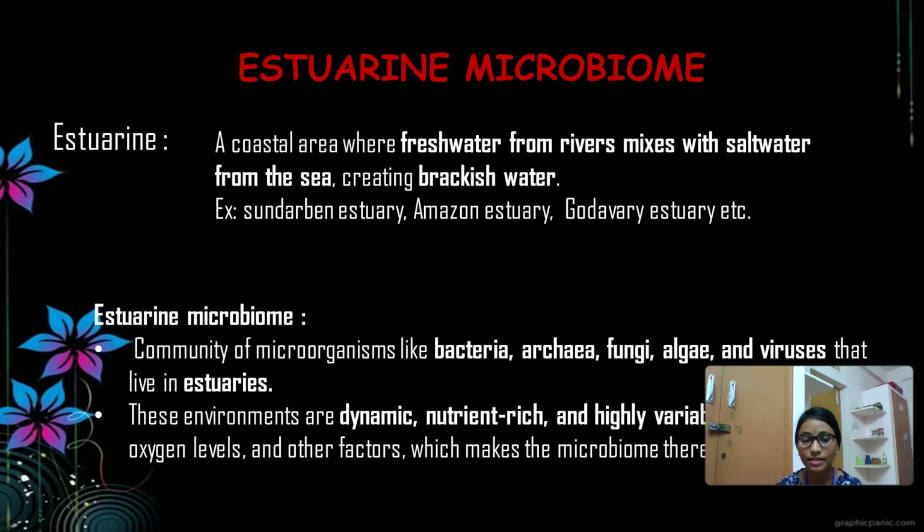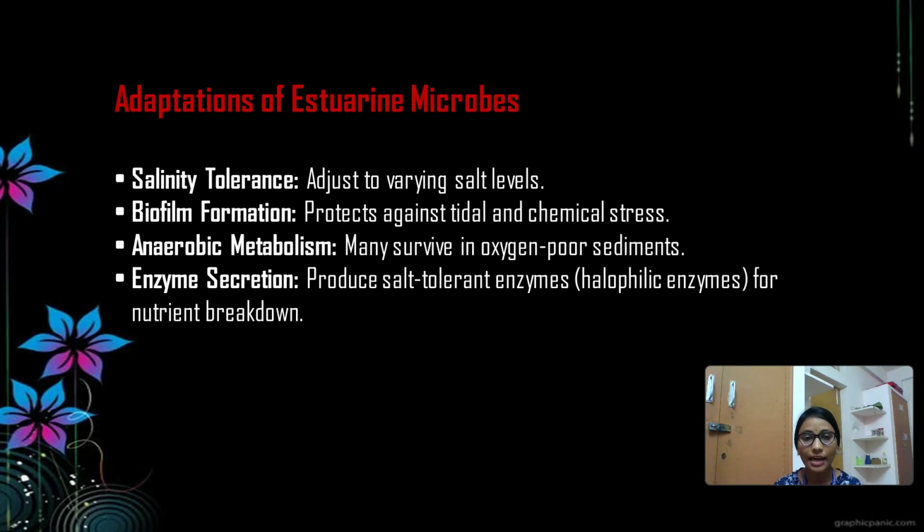These features make this microbiome unique. Adaptations of the estuarine microbiome: they have the ability to adjust to salt levels, and these microorganisms have high biofilm formation to fight against chemical or salt stresses, etc.